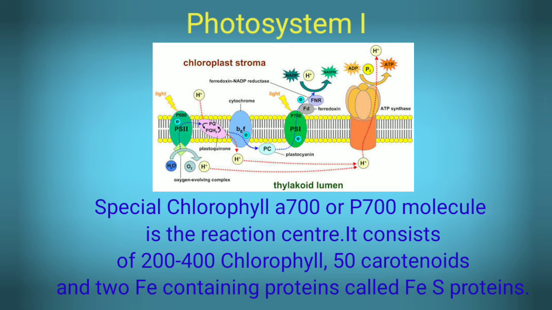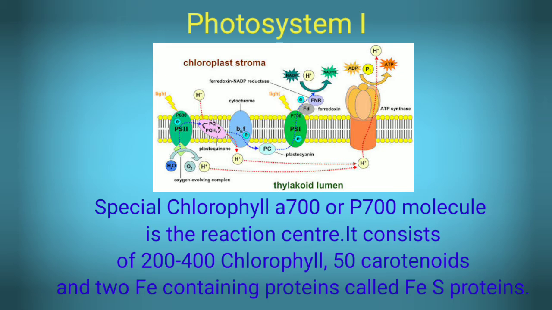So these are also present in this particular photosystem. You can relate it to a room where a special person is there, but along with that special person, some other helpers are also present. You can imagine it that way.